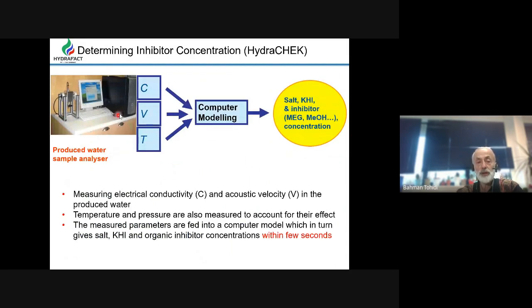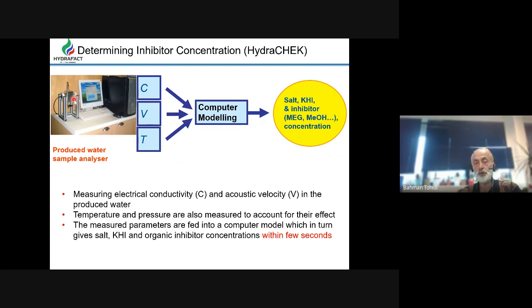So HydraCHEK, I have one on my desk here at the moment. It is a vessel like this with 100 cc volume that we can fill with produced water. And then we measure electrical conductivity and temperature with this conductivity meter. And then we measure the speed of sound in the aqueous phase.